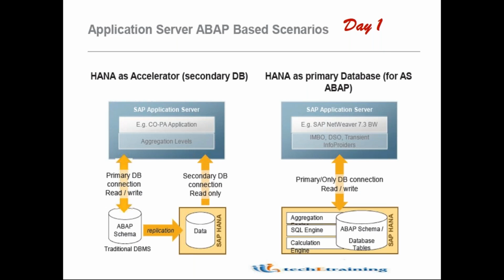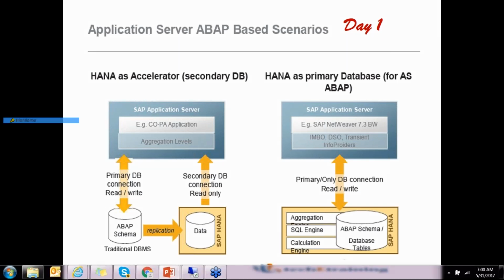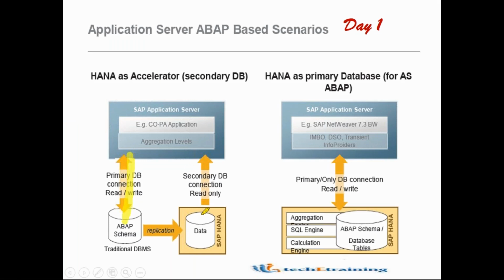Here is a detailed picture. We have the sidecar approach, where we have the primary database as a connection, and a secondary database which picks the data from the HANA database and shows you the reports with the web programs.